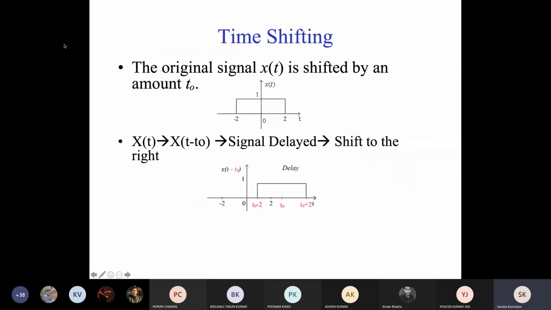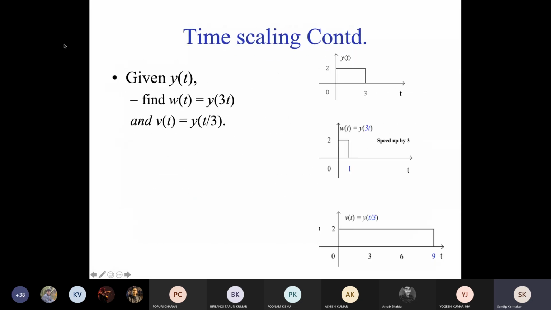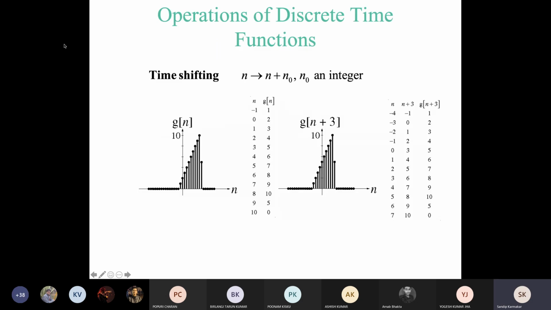So you have seen a lot of signals, then time shifting, time scaling, time reversal, all of this.